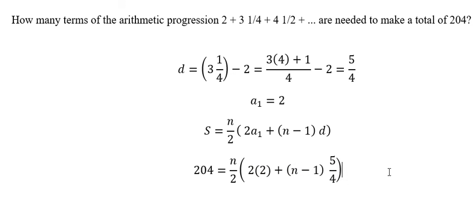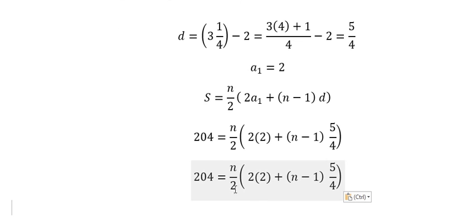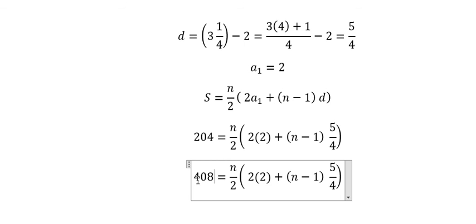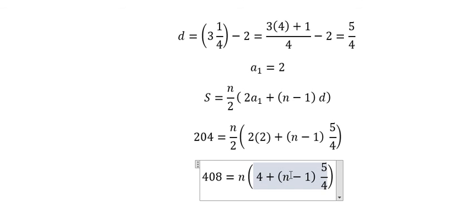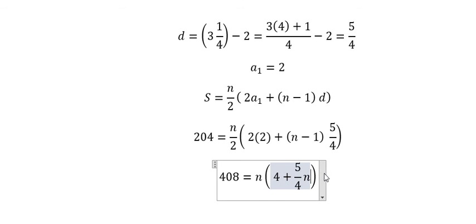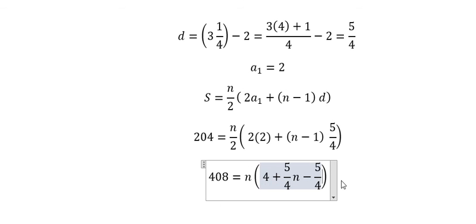And now we need to expand everything in here. So we multiply both sides by 2, and we have 408. This one we have 4, this one we have 5/4 and minus 5/4.